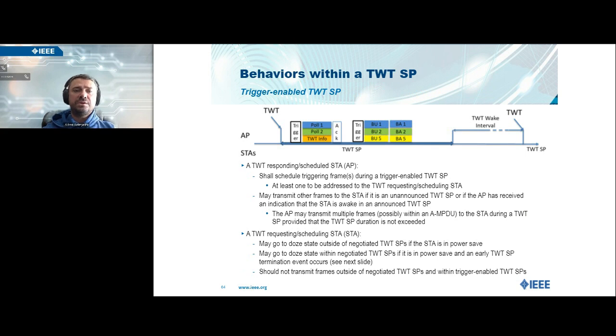So once the negotiation is concluded, the main portion of your behavior is going to be within a TWT service period, and depending on the modes. But in general, for example, for the trigger-enabled TWT, the access point is expected to schedule a triggering frame so that the stations can declare their awake state by responding to that triggering frame, for example, with a PS poll.